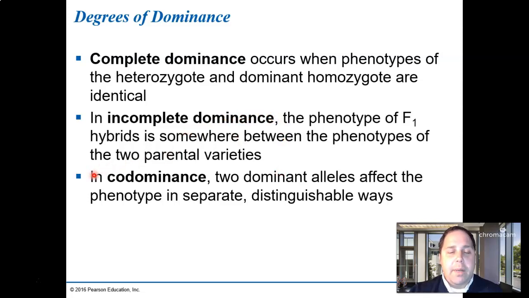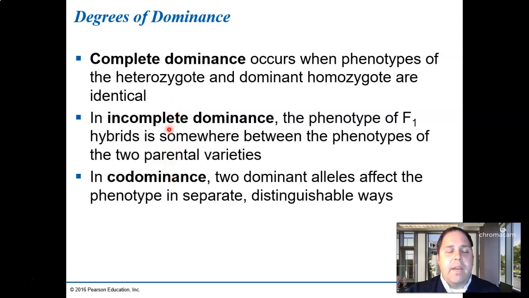In codominance, the 2 dominant alleles affect the phenotype in separate but distinguishable ways. So again, the heterozygotes are going to be different, but the heterozygotes between a red and white in codominance are going to be red and white flowers, maybe spots or speckles or stripes or whatever. If you get down to the tiniest molecular level, incomplete dominance is really codominance at a microscopic level, so I really treat them as very similar concepts.